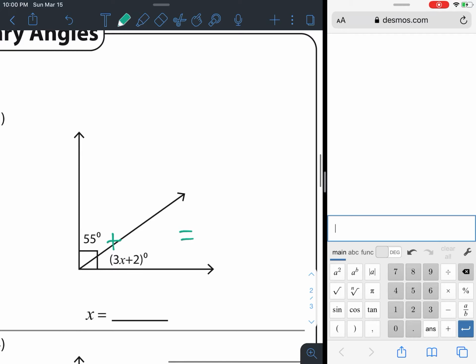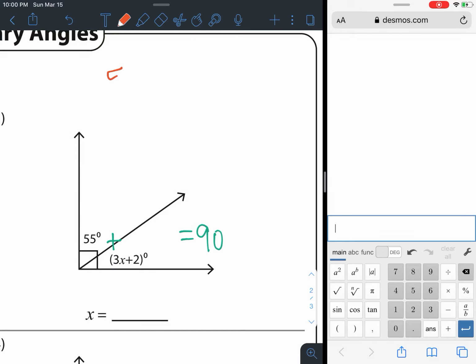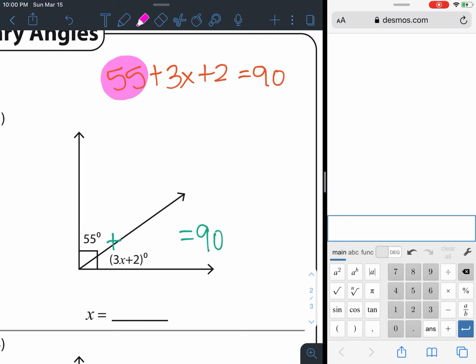Again, we're adding these together and they equal 90. 55 plus 3x plus 2 equals 90. Combine like terms. 55 plus 2 gives us 57 plus 3x equals 90.